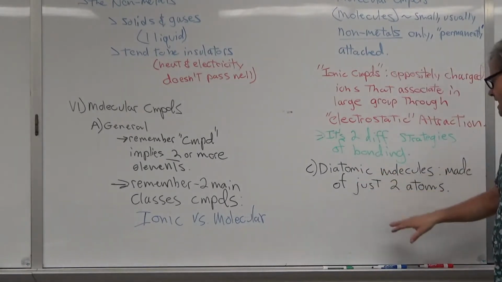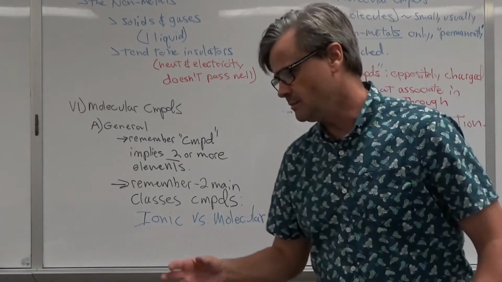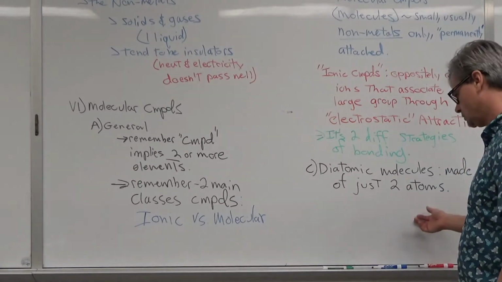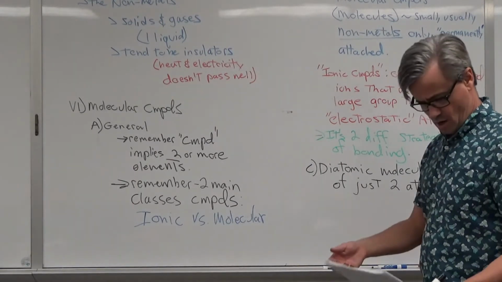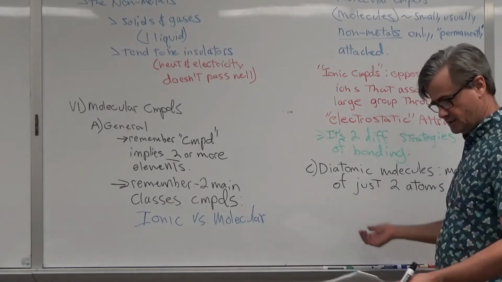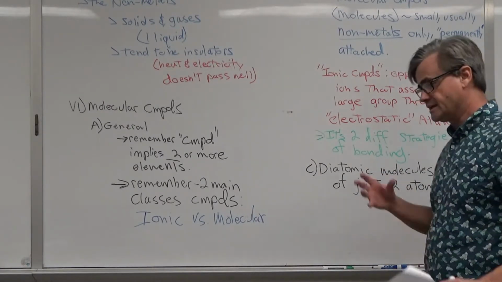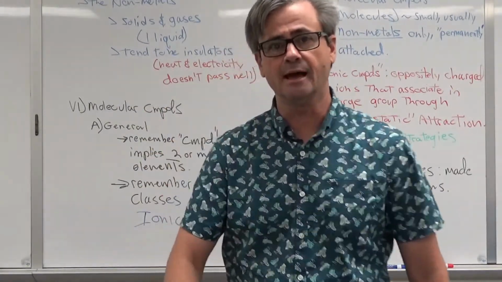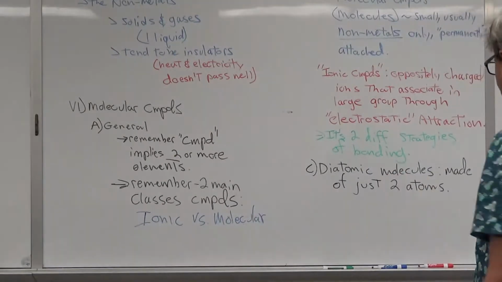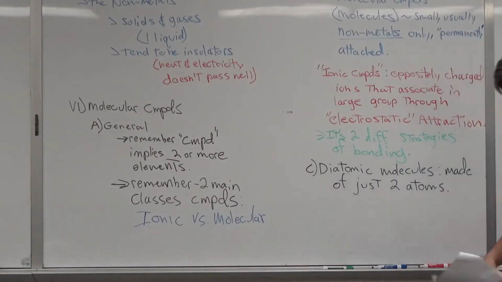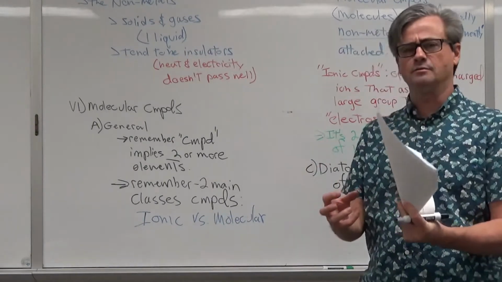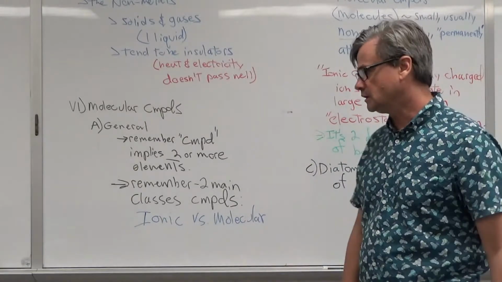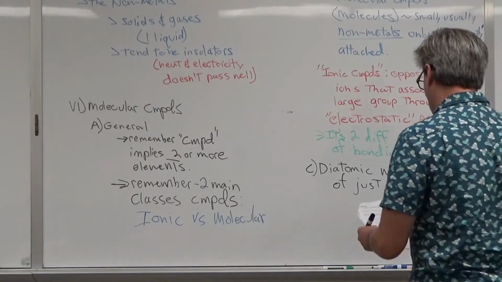And within that class, diatomic molecules, there are some elements that actually exist in their natural form as diatomic molecules. Oxygen, the halogens, nitrogen, hydrogen. When you find oxygen out in the air or out in the world, or you're breathing it into your lungs right now, it is the diatomic form of oxygen. But you can also have compounds that are diatomic, so HCl, HBr, things like that. Carbon monoxide.